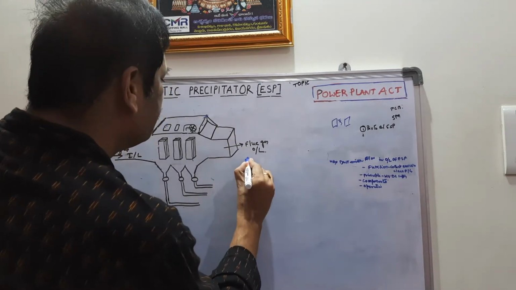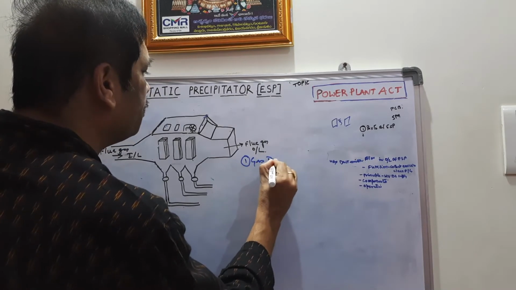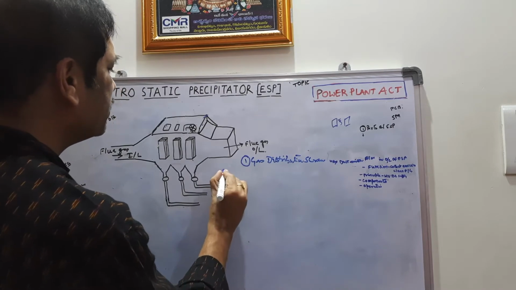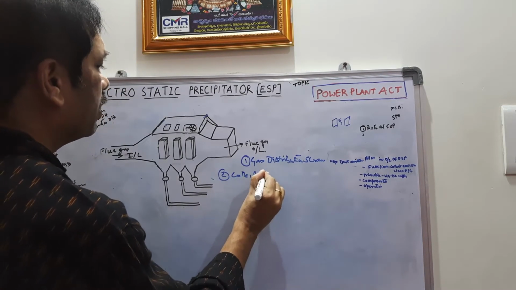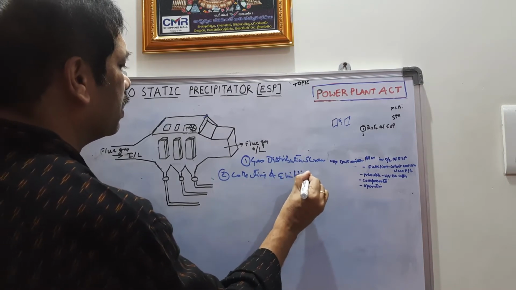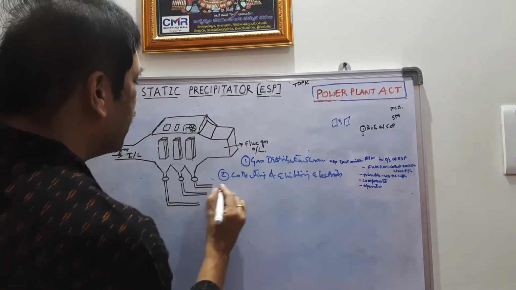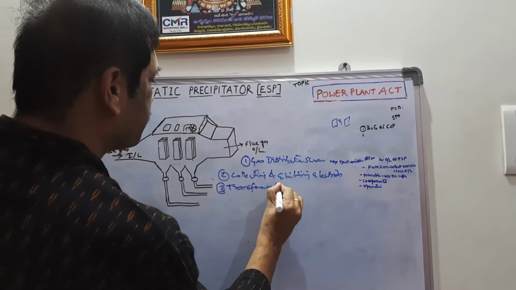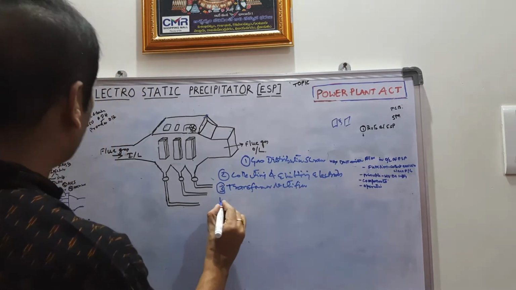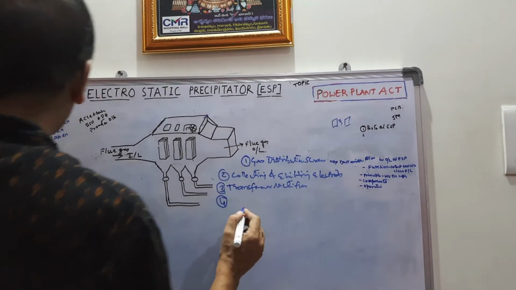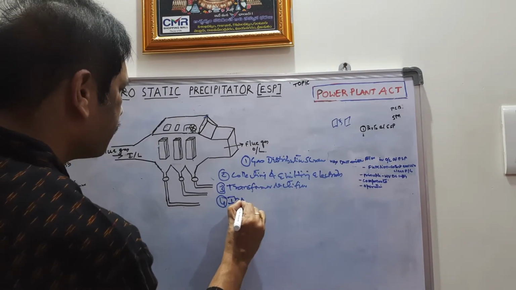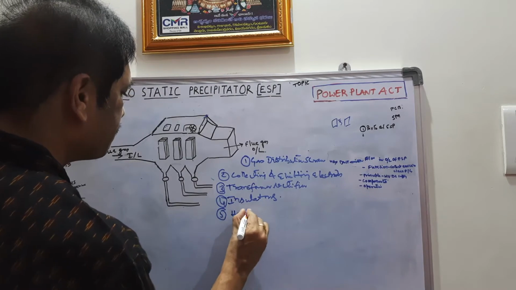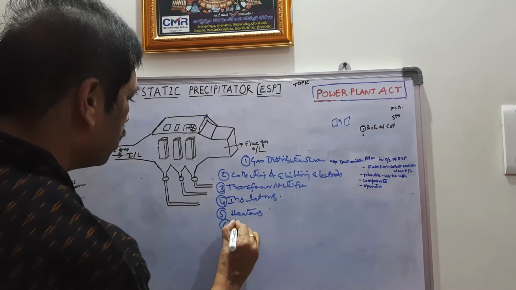Number one, gas distribution screen, and second is collecting and emitting electrodes, and number three is transformer rectifier, and number four, insulators, and number five, heaters, and number six, blower.